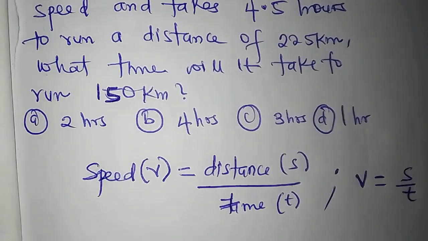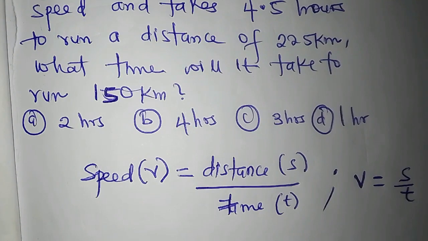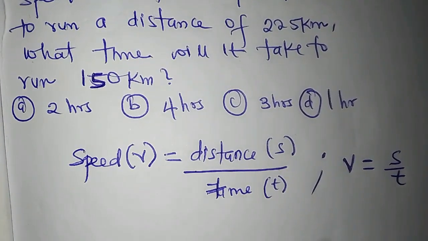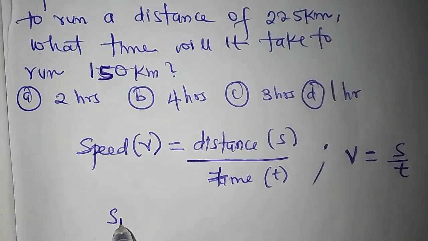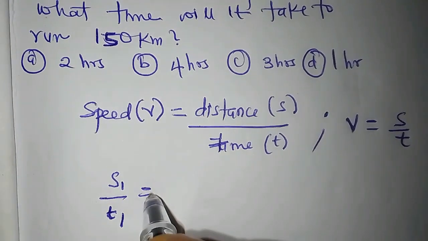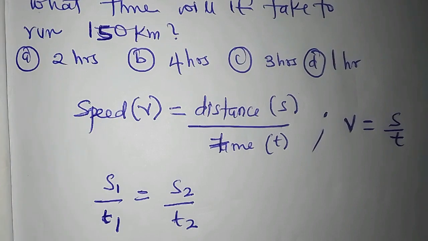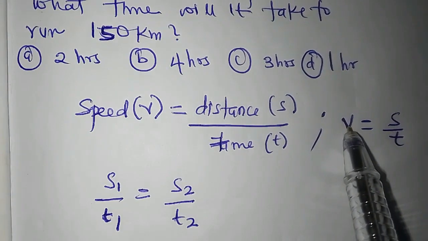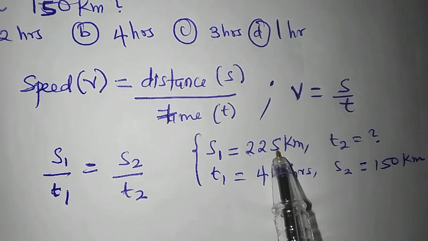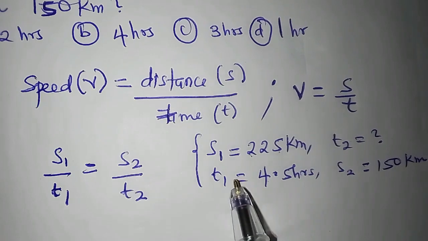Now, the question says that the speed is constant. What does this mean? Mathematically, if V here is a constant, it means that distance 1 all over time 1 is equal to distance 2 all over time 2, since V is a constant. From the question, the first distance is 225 kilometers, and the time taken for that distance is 4.5 hours, which is the first time.